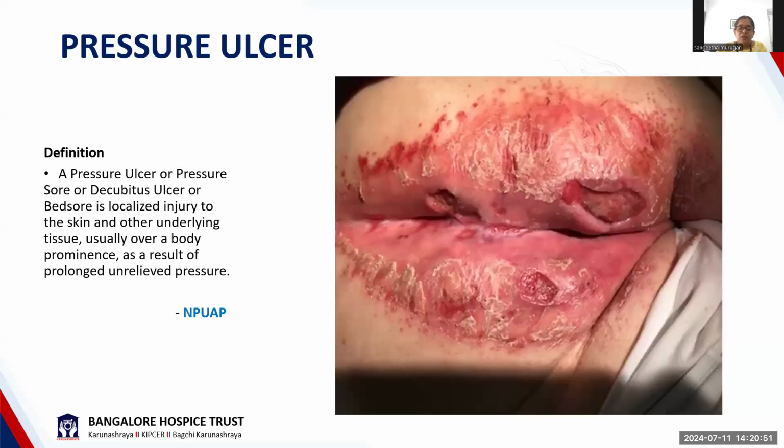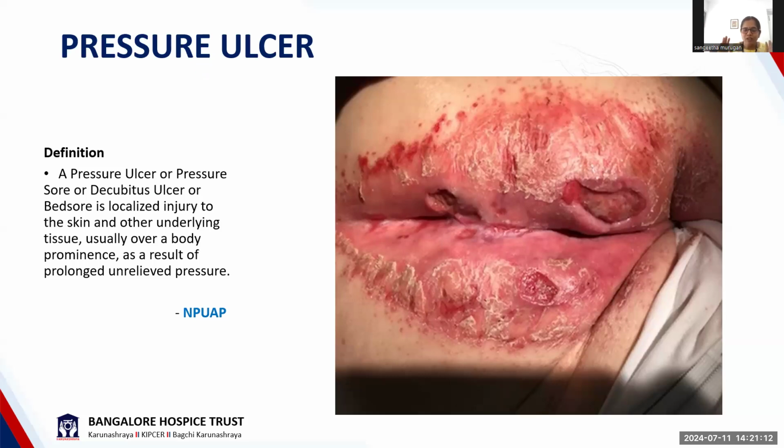Okay. So this is the definition of pressure ulcers. You can see, it is according to the National Pressure Ulcer Advisory Panel. They said a pressure ulcer is because of unrelieved pressure, especially under the bony prominence, the skin will get damaged. This is what a pressure ulcer is.